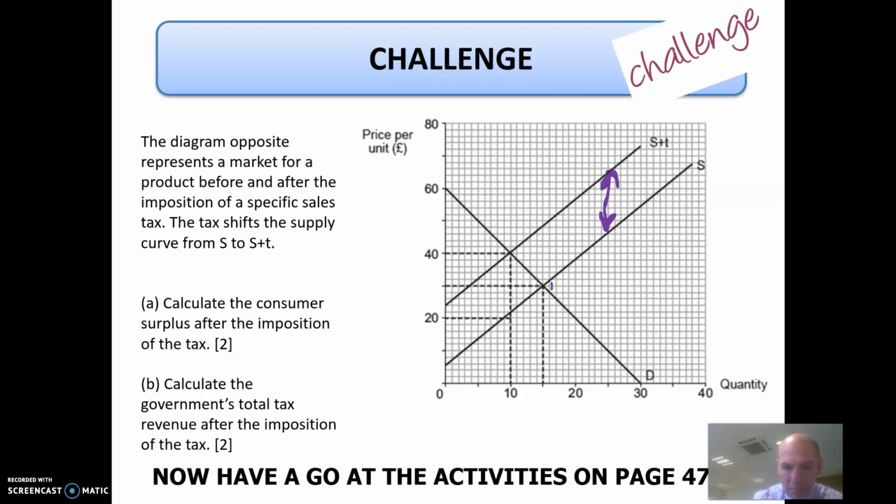Okay, 10 big boxes make £20, so that makes 1 little box worth £2. You should be able to work it out from there. I'll press pause at this point and let you guys have a go. It'll take you about 4 or 5 minutes to do both questions.